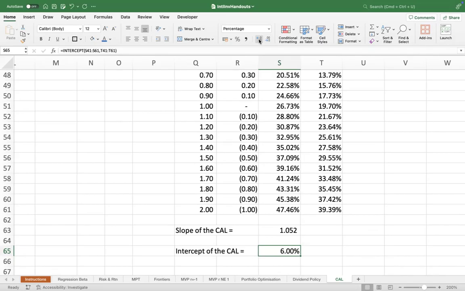What is the equation of the CAL? Expected return of the combined portfolio is risk-free rate plus Sharpe's ratio of the risky into the standard deviation of the combined portfolio. Is it clear? And we have not only studied this graph as a concept and the derivation, but we have also constructed it on Excel. Make sense, everyone? Thank you very much.